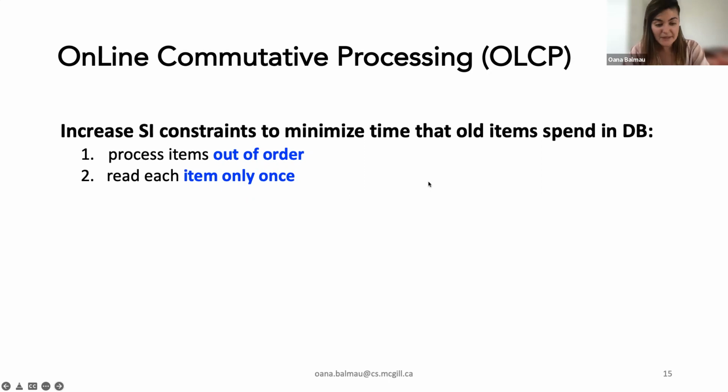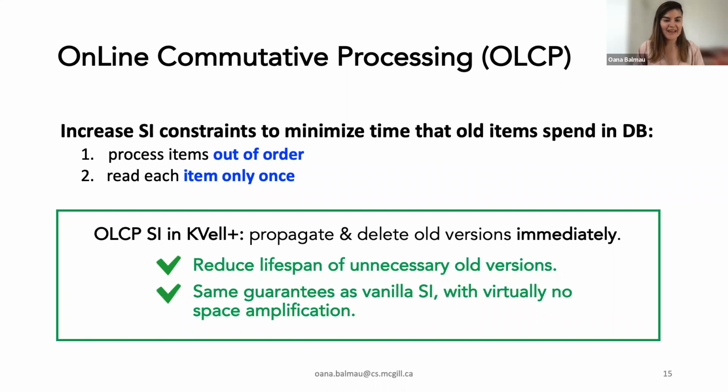In OLCP, we want to be able to process items out of order and to read each item only once. I will explain how with these two constraints, we will be able to propagate and delete the old versions immediately. So we reduce the lifespan of unnecessary old versions, at the same time providing the same guarantees as vanilla snapshot isolation.